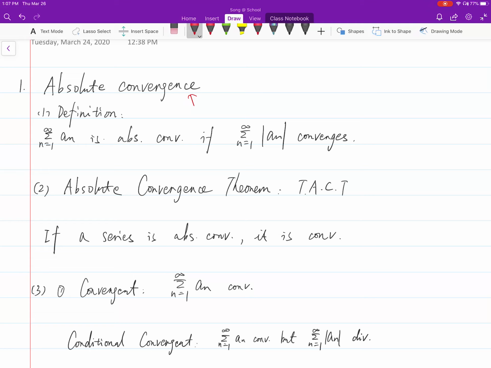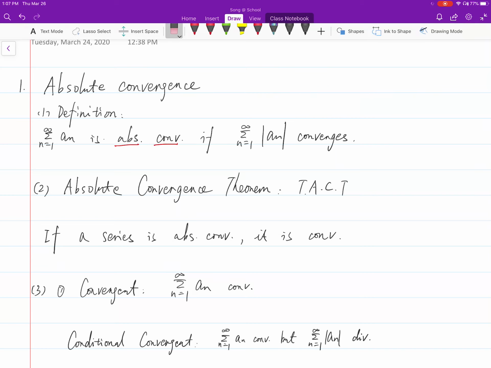A series is called convergent if this one is less than infinity. A series is called absolutely convergent if you take the series, you take the absolute value, and it's still finite. That's what this definition says.